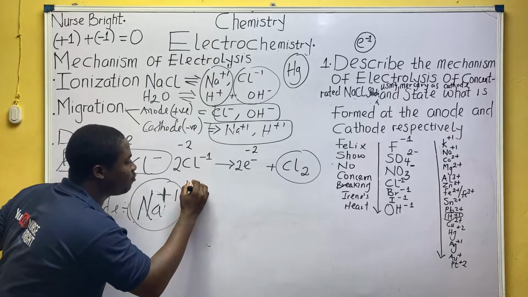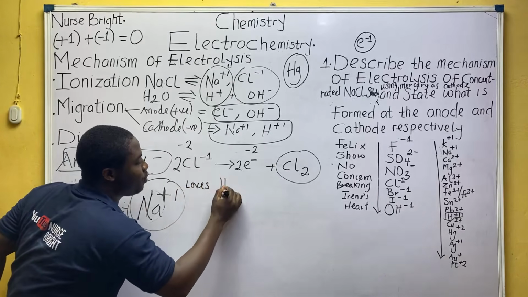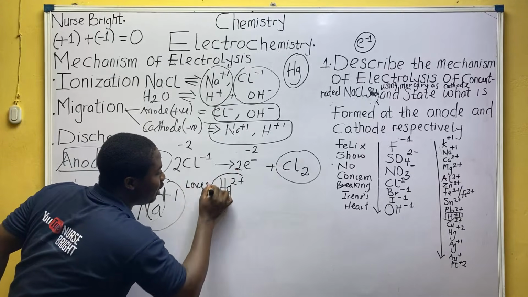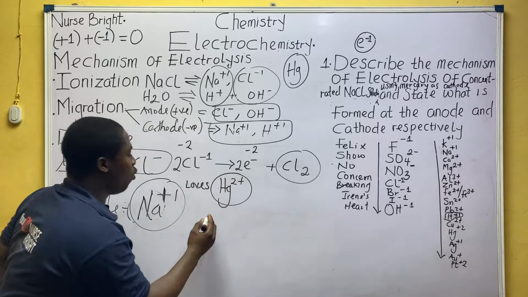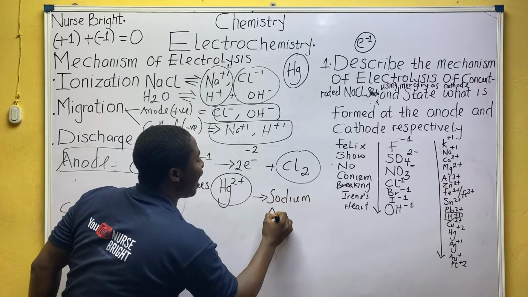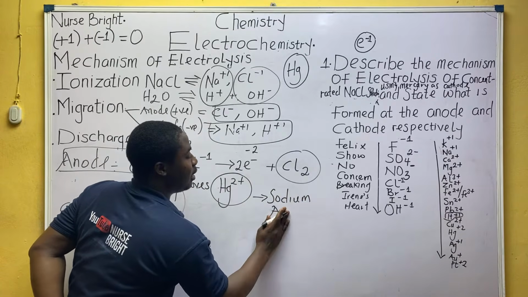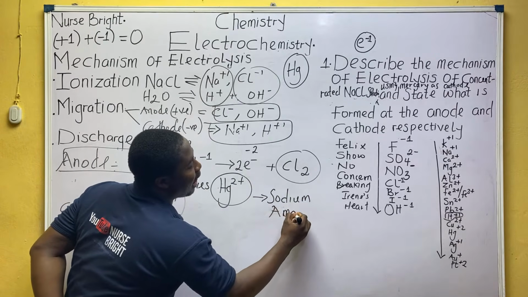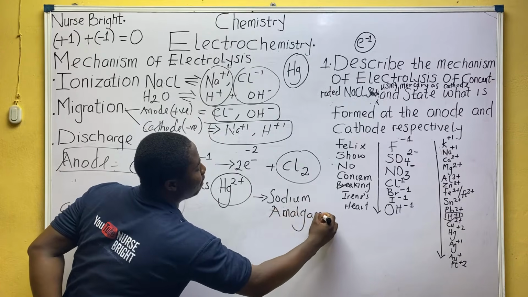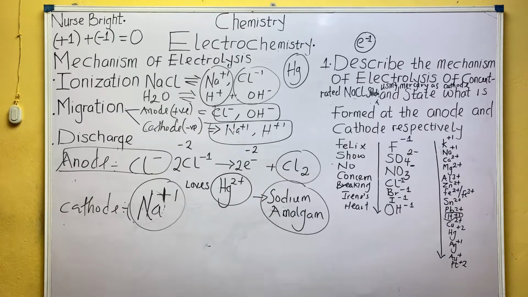They love each other. So when this happens, they form what we call sodium amalgam. I repeat, sodium ion loves mercury, so it forms sodium amalgam.